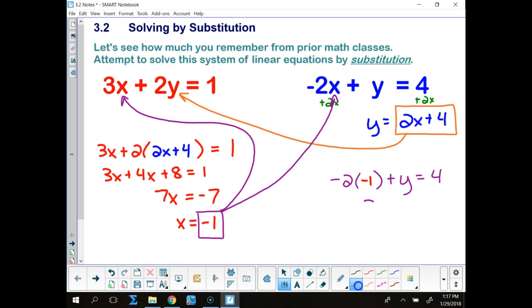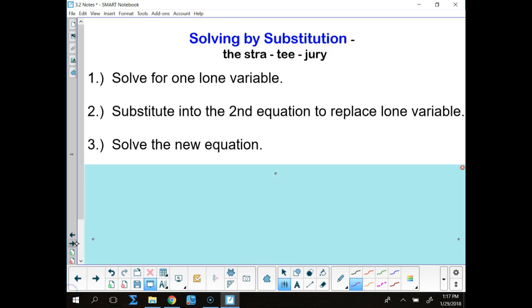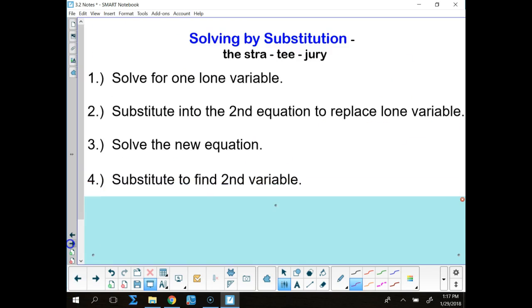So that's positive 2 plus y equals 4. So y equals 2. So we substitute it in to find the second variable.